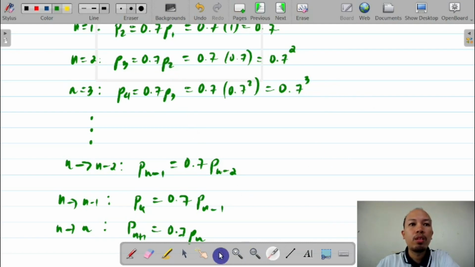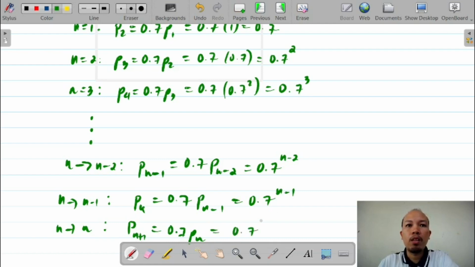So from that conjecture, we can conclude that this is equal to 0.7 to the n minus 2, and here we have 0.7 to the n minus 1, and lastly this is 0.7 to the n.